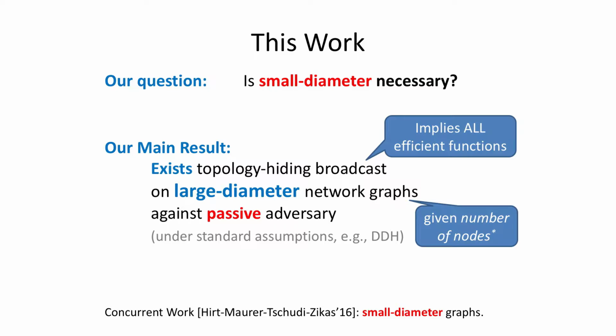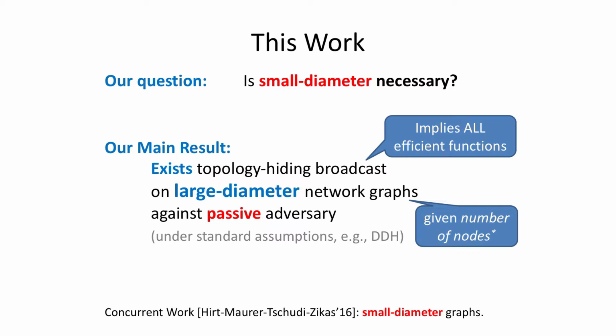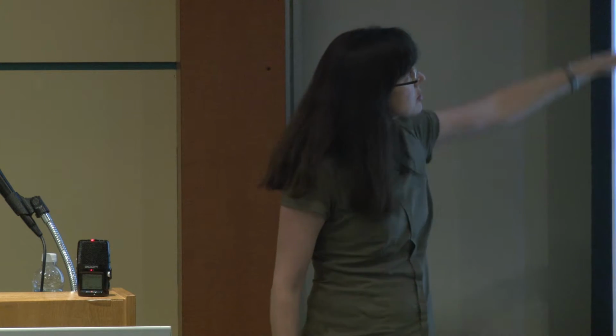Again, broadcast implies all functions, and we need some input. We need to know the number of nodes in the graph. There's concurrent work on topology-hiding MPC by Hirt et al., but that work also addressed only small diameter graphs, graphs of logarithmic diameter. So I want to address it because we are focusing on the large diameter regime.